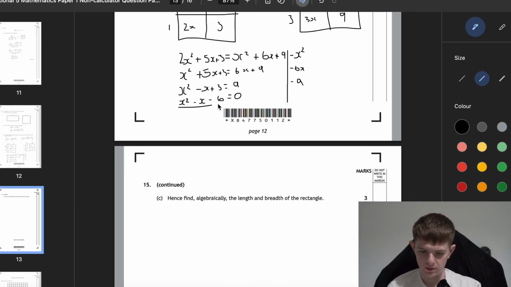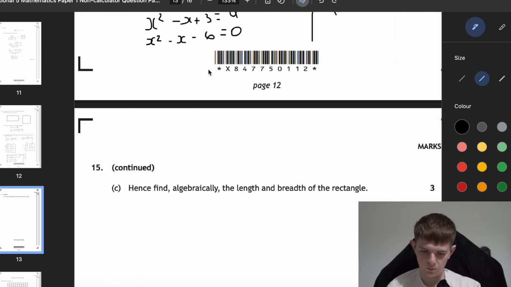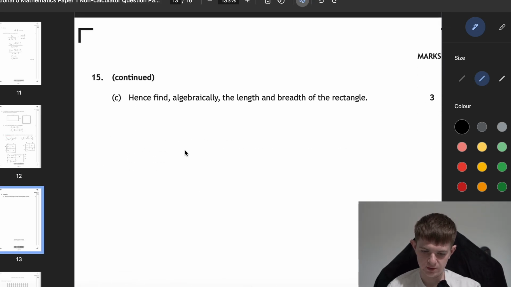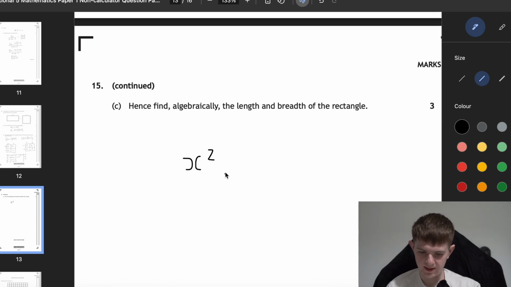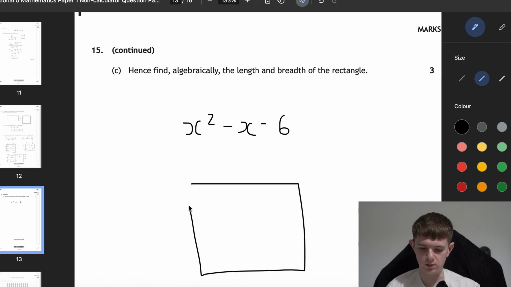So, we've been given this here. We're going to factorise that. So we've got x squared, take away x, take away 6. Yes, again, another box method. 3 box methods in the same question. Criminal, man.